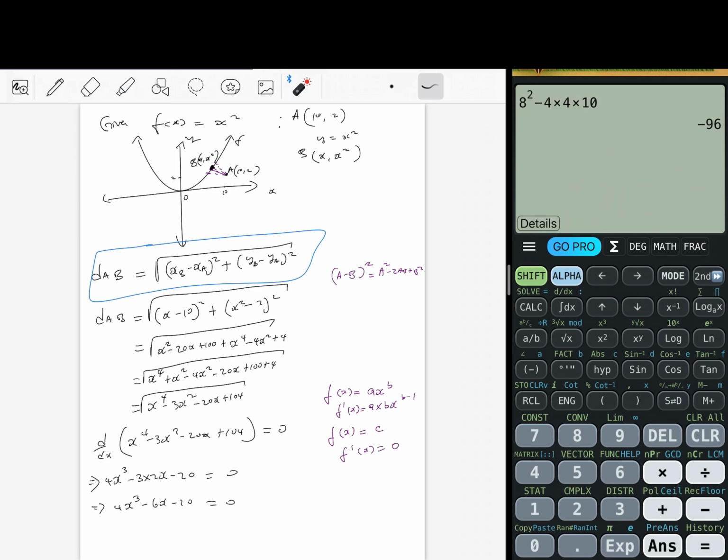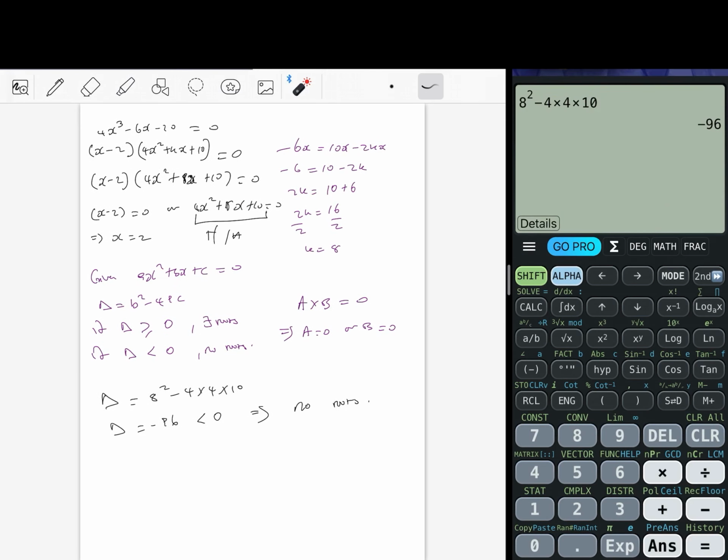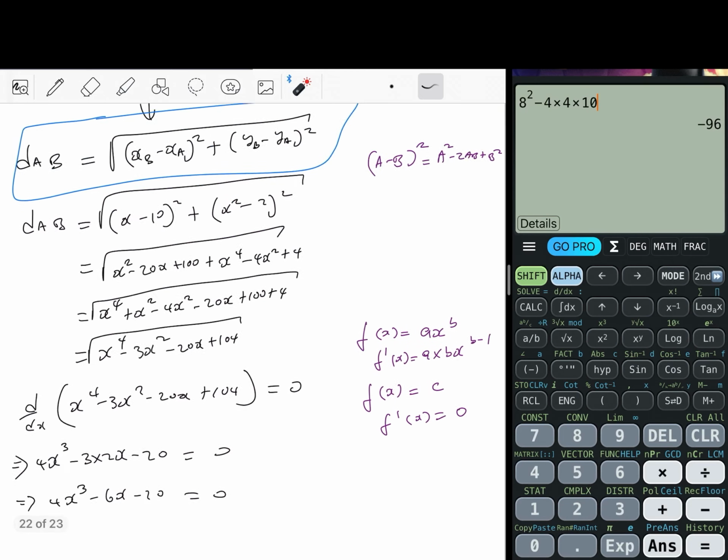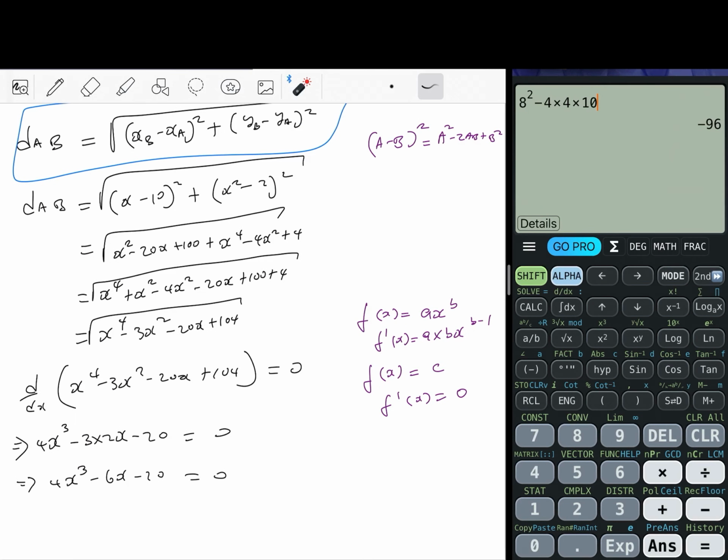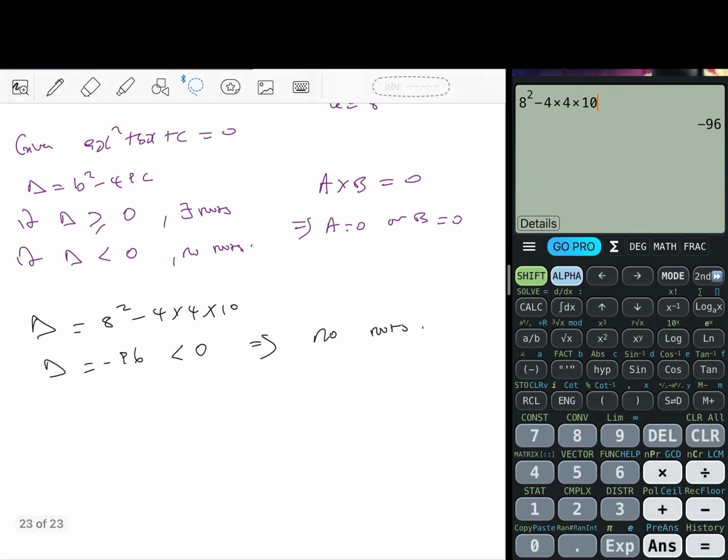Since we have the x value of b, which is 2, we can go back into our distance formula. You can just substitute that x the way it is.